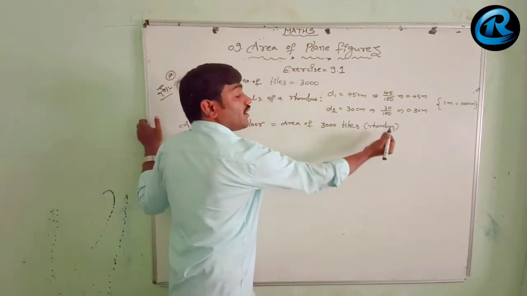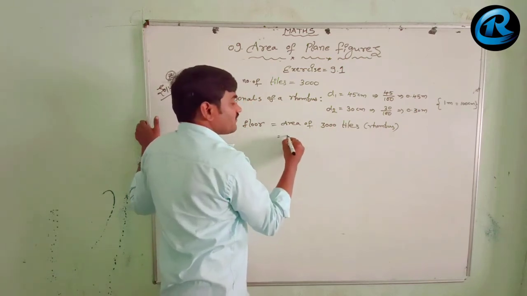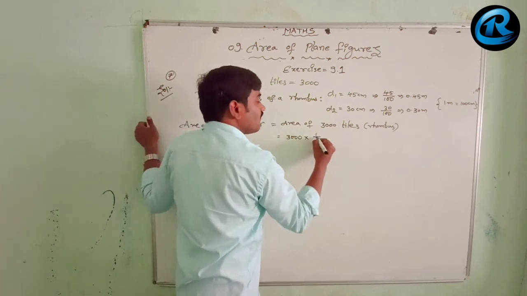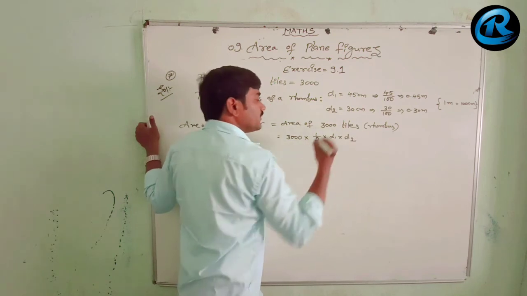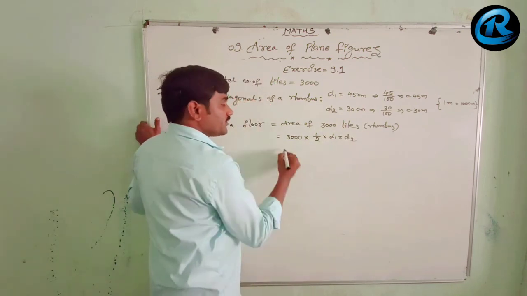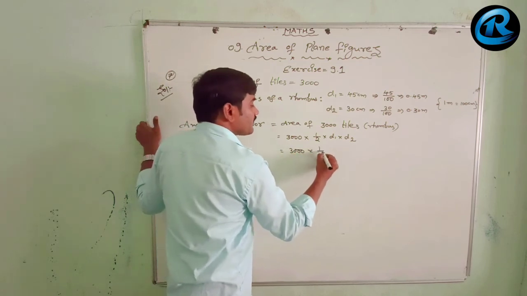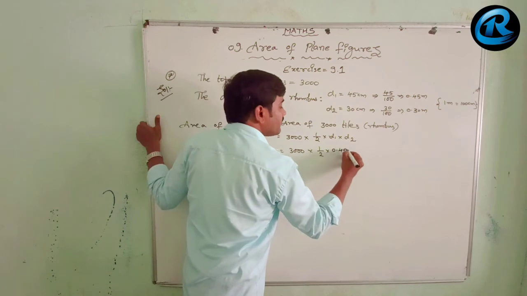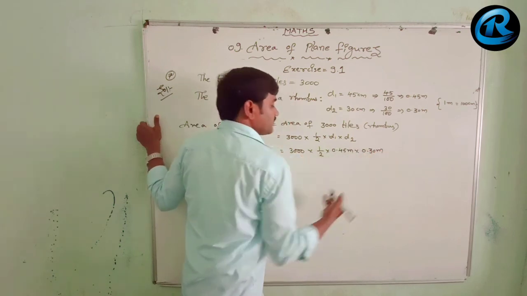So area of 3000 tiles, so 3000 into area of rhombus, 1/2 into d1 into d2. So here let us do it. 3000 into 1/2 into d1, that is 0.45 meters, into d2, that is 0.30 meters.